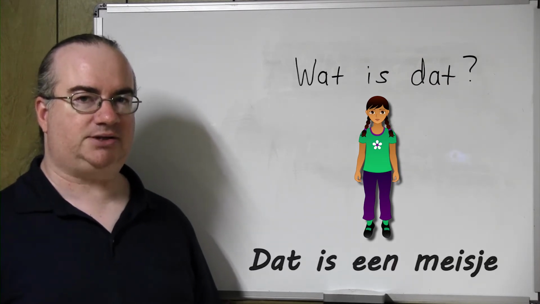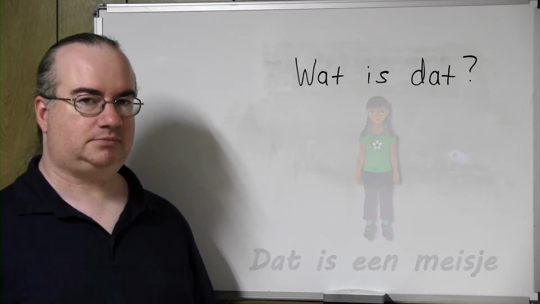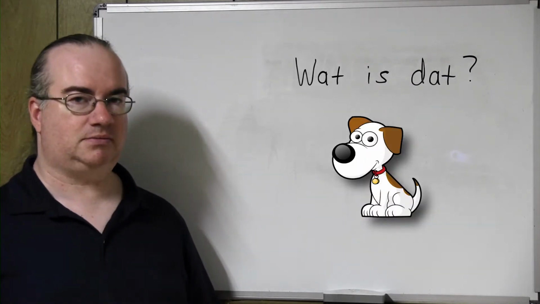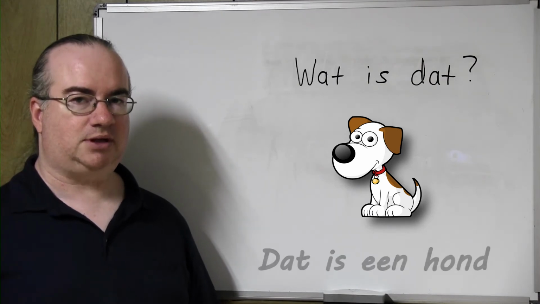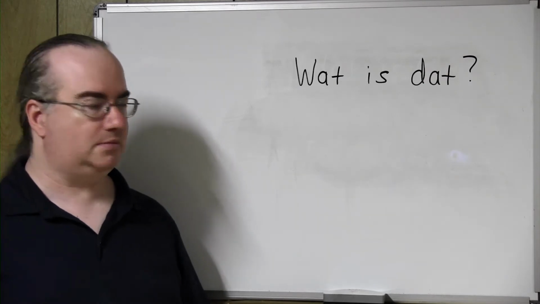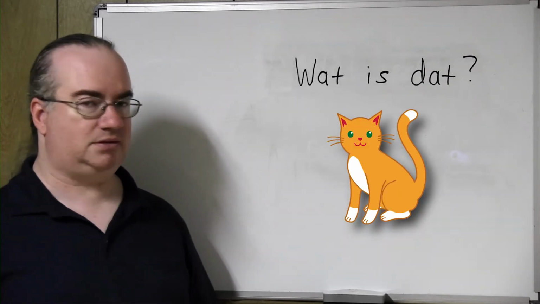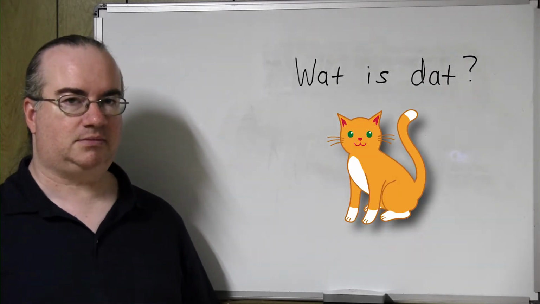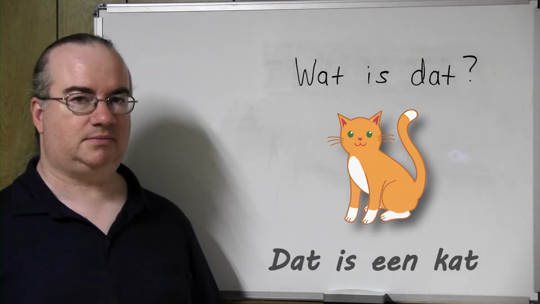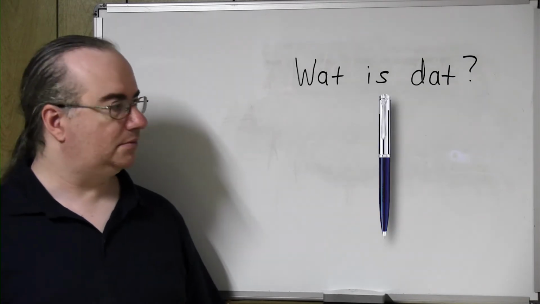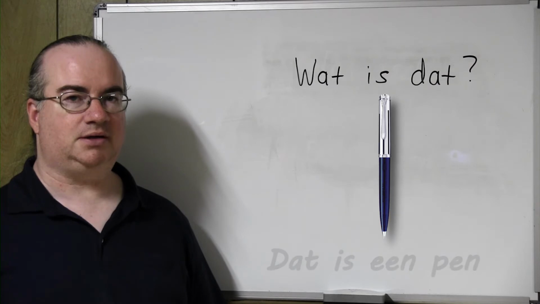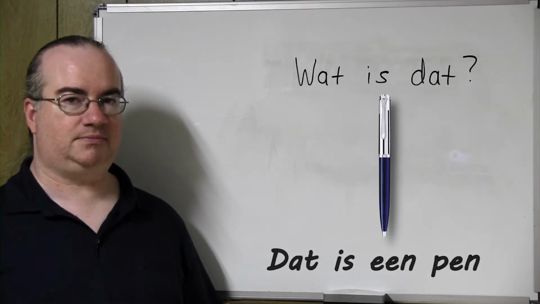Dat is een meisje. Wat is dat? Dat is een hond. Wat is dat? Dat is een kat. Wat is dat? Dat is een pen.